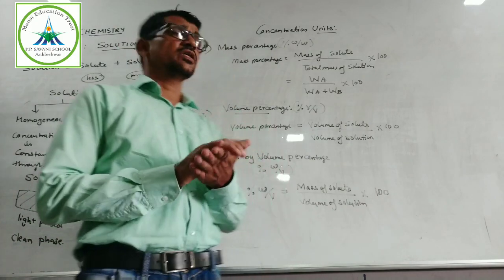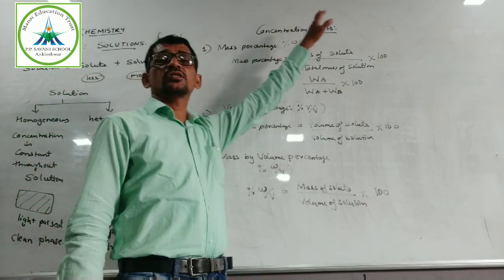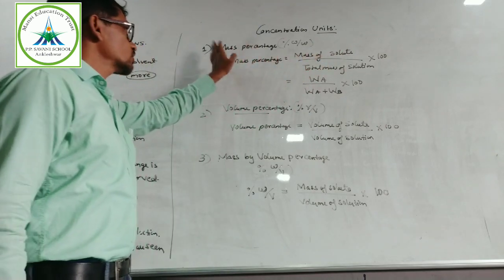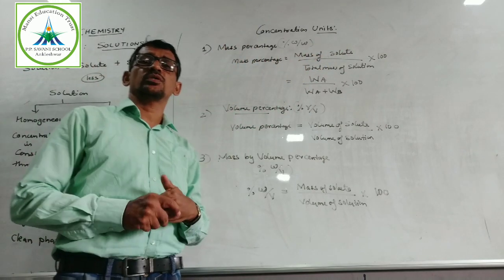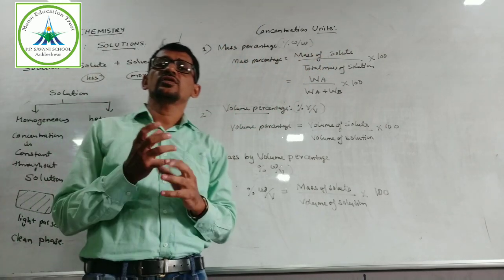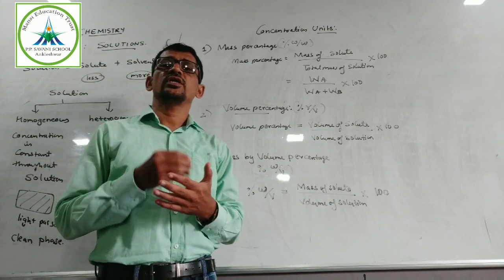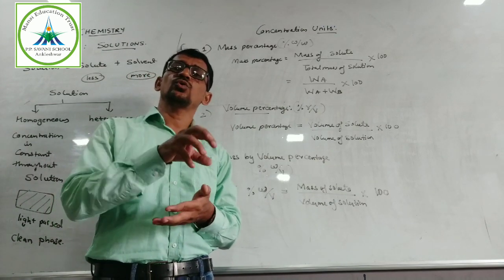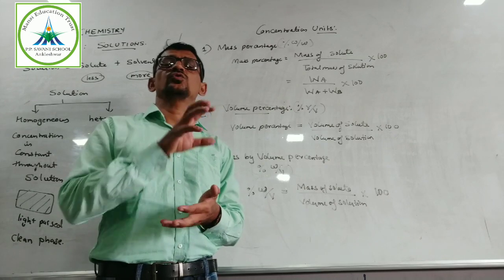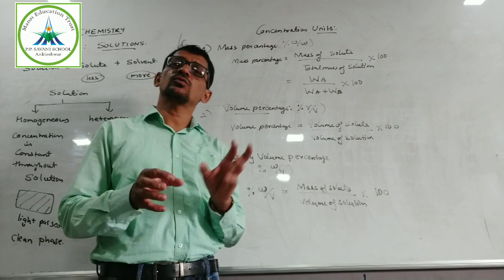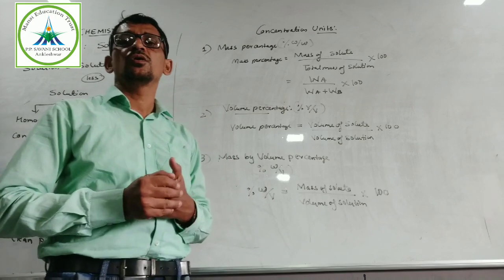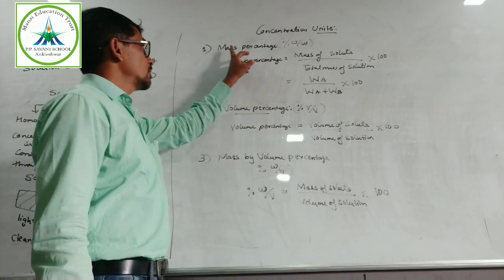Okay, now we discuss concentration units. The first concentration unit is mass percentage. Concentration units mostly depend upon the amount of solute in solution, or what is the amount of solute and what is the amount of solvent. First one is mass percentage.